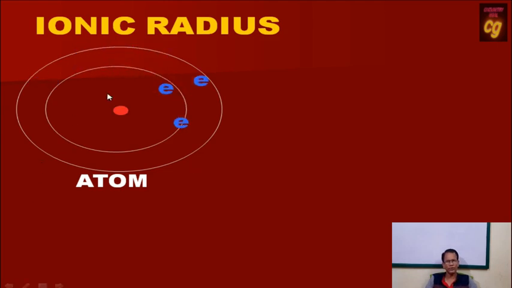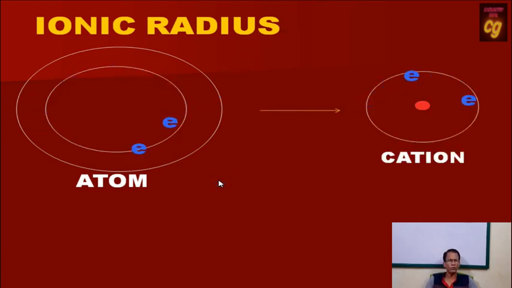Suppose this is an atom. This atom contains one electron in the outermost shell. This electron is revolving, and there are two electrons in the K shell and one electron in the outermost shell. When this electron is removed, it is converted to a cation. Loss of an electron results in the formation of a cation.